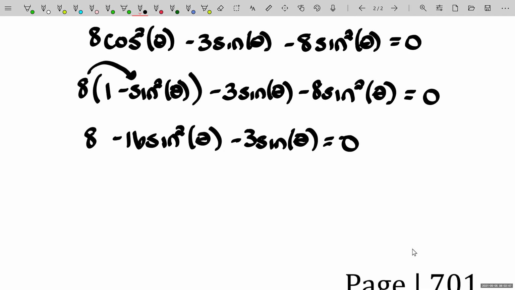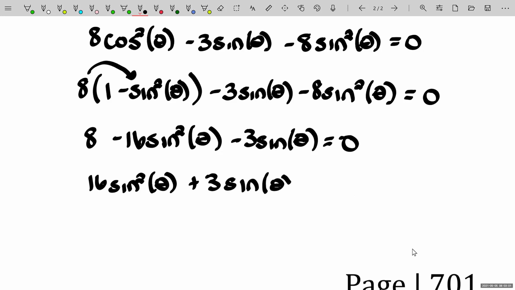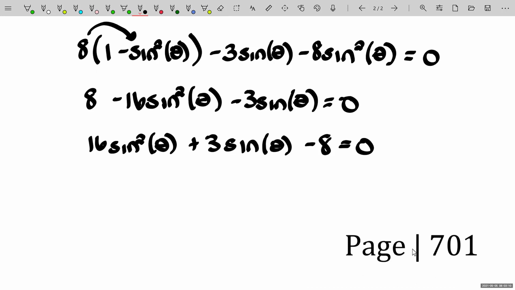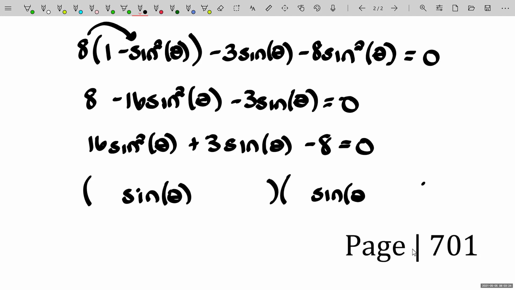Now, I don't like to deal with quadratics with negative lead coefficients, so I'm going to go ahead and multiply everything by -1. So I get 16 sine squared of theta plus 3 sine of theta, and then minus 8 is equal to 0. Hopefully this factors nicely.